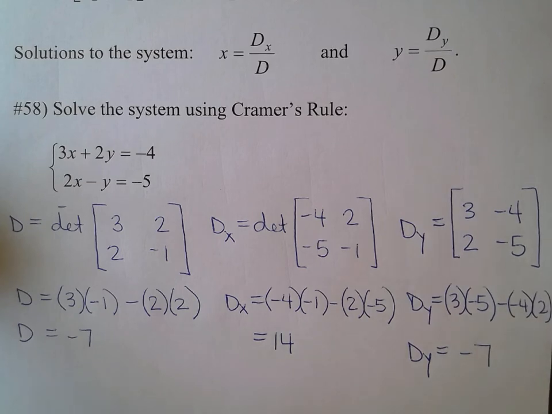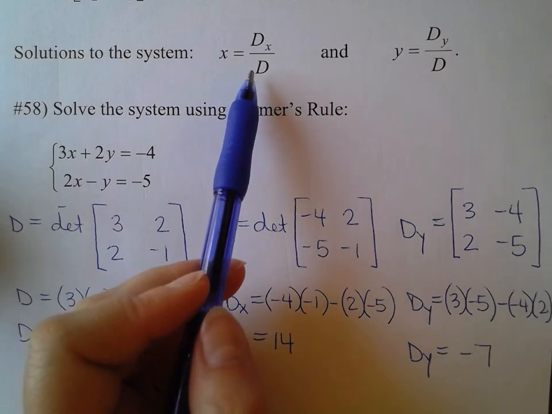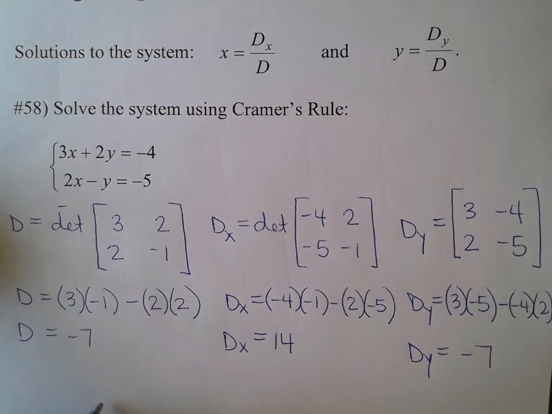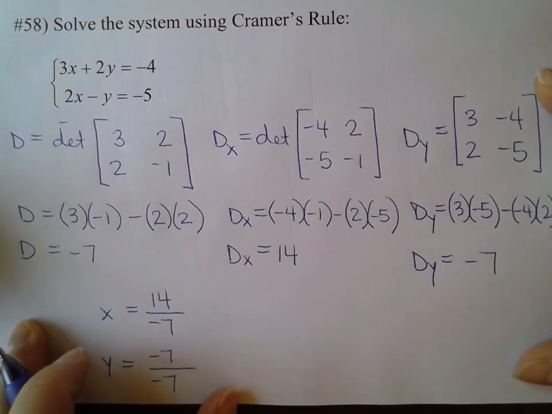And then we go all the way back to the solutions according to Cramer's rule. So x will be dx, which is 14, over d, which is -7. And y will be dy, which is -7, over d, which is -7. Oops, I'm sorry.